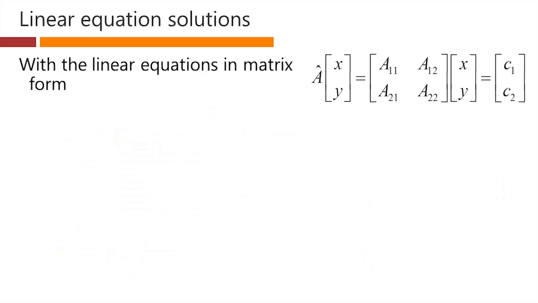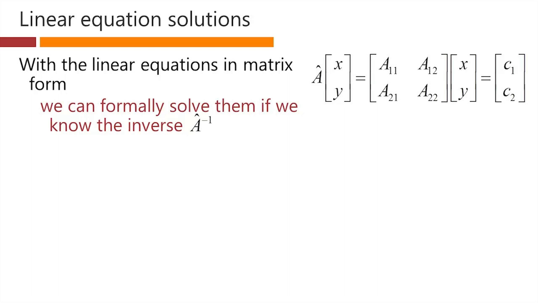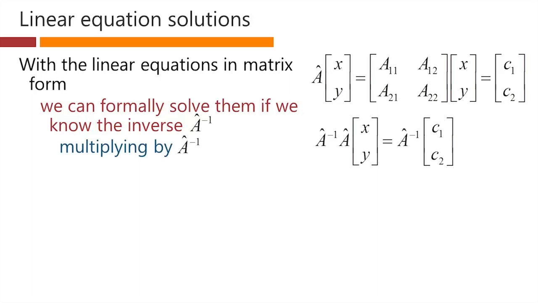Now, when we have linear equations in a matrix vector form here, then formally the solution, if it exists, is quite simple in matrix form. That is, if we happen to be able to work out the inverse of this matrix A, we have solved the equations.